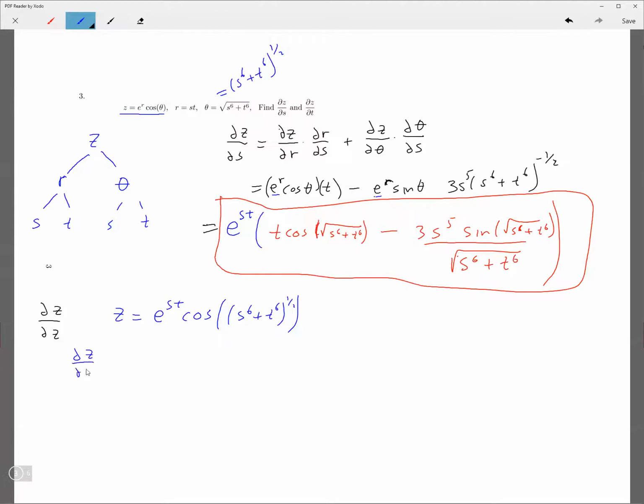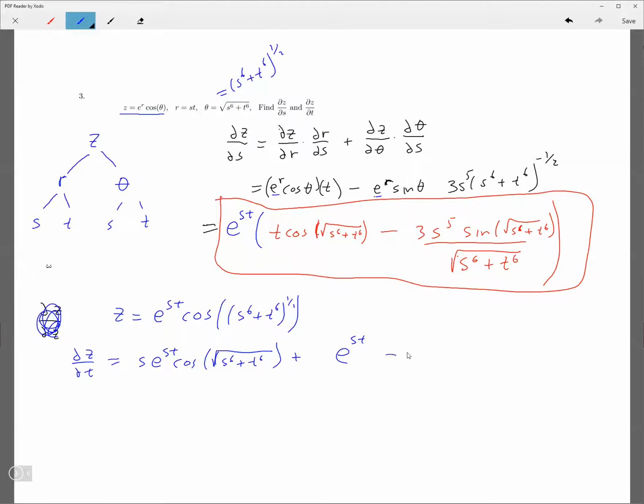The partial of this with respect to t would be s e to the st times all that, with the square root of s to the 6 plus t to the 6 written there, plus this e to the st times the derivative of this with respect to t.